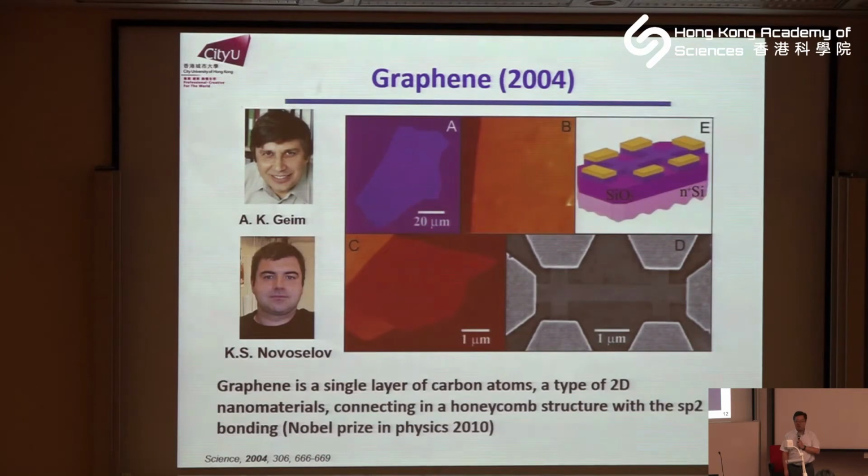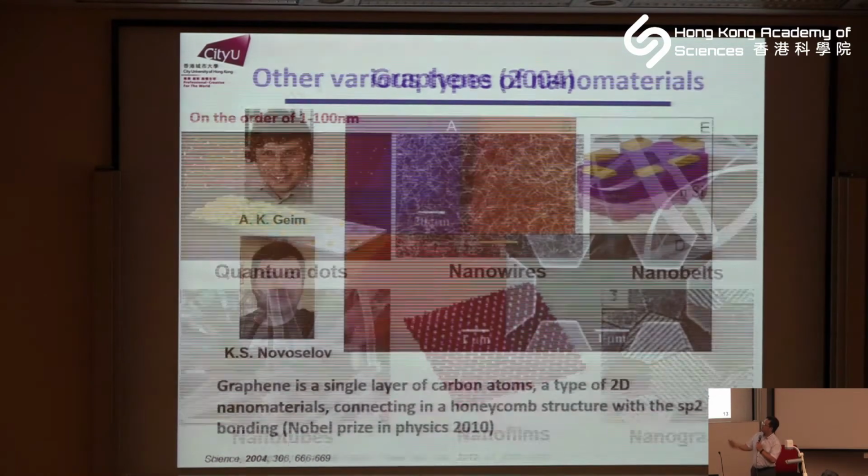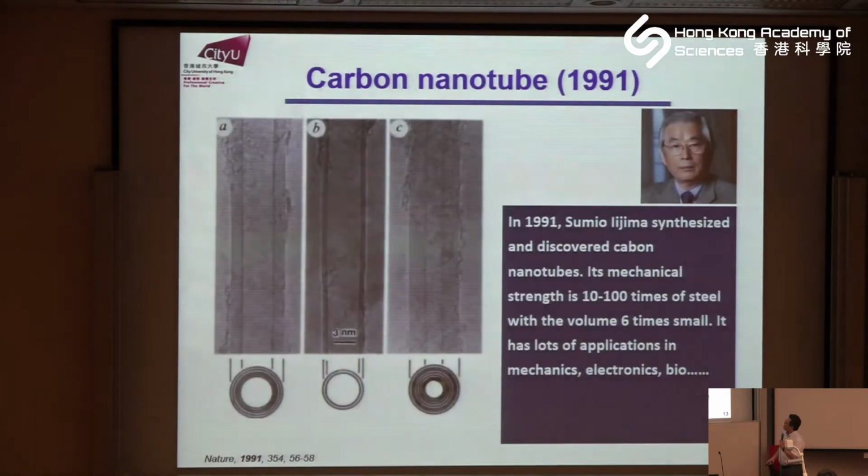And then the inventor for the two-dimensional carbon material called graphene also got the Nobel Prize in 2010, Andrew Blum. However, Professor Etching is the inventor of the 1D carbon nanotube, and still doesn't get the Nobel Prize. So every time Professor Etching comes out to give a public speech, he keeps talking about when he will get the Nobel Prize.